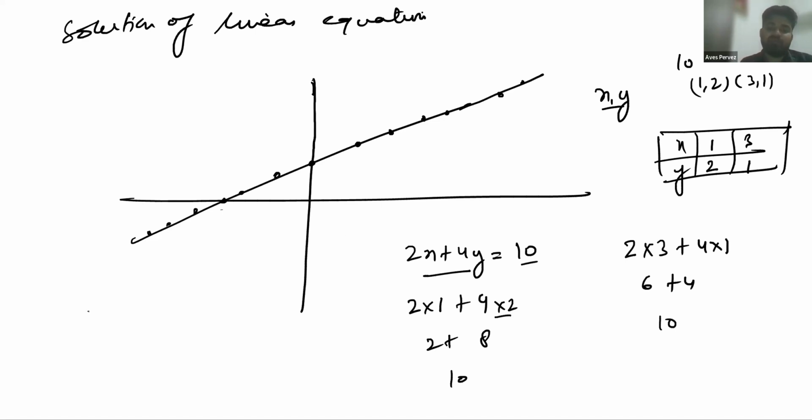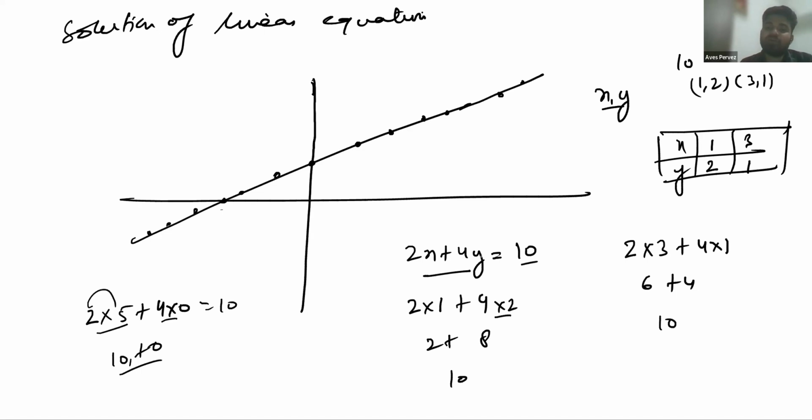Another example, if x is 5 and y is 0: 2 into 5 is 10, and 4 into 0 is 0, so you will get 5 comma 0, and 10 plus 0 gives you 10 here.